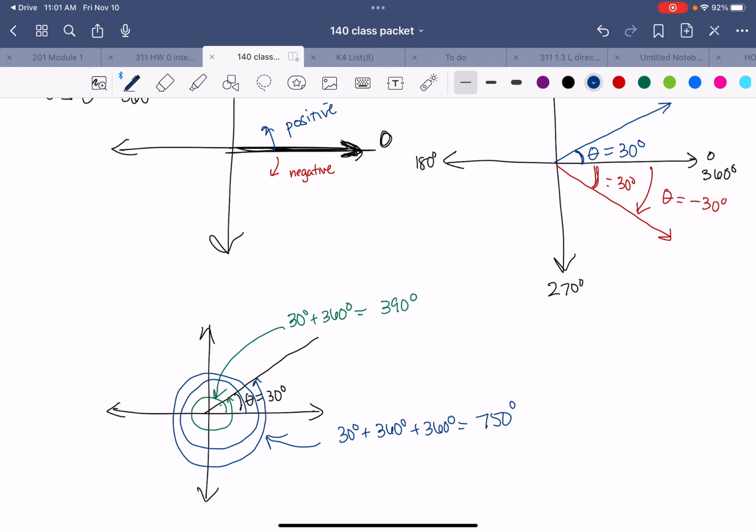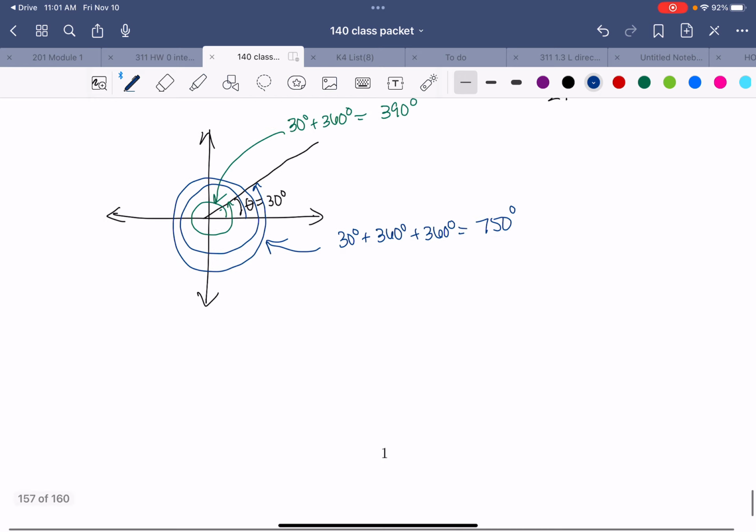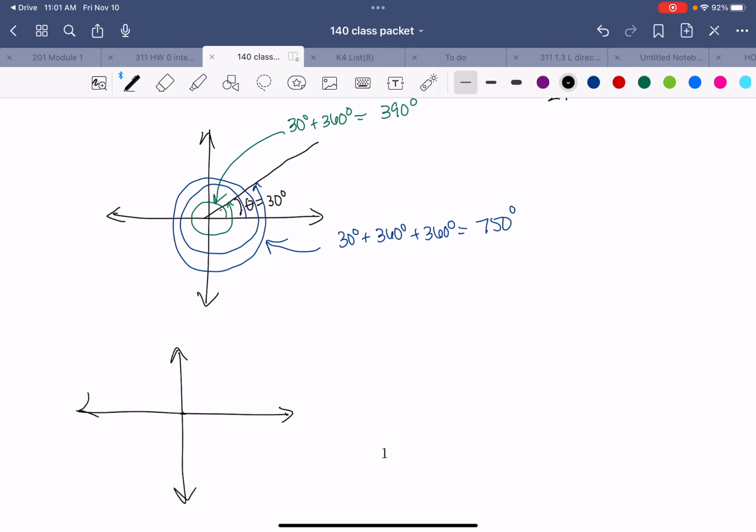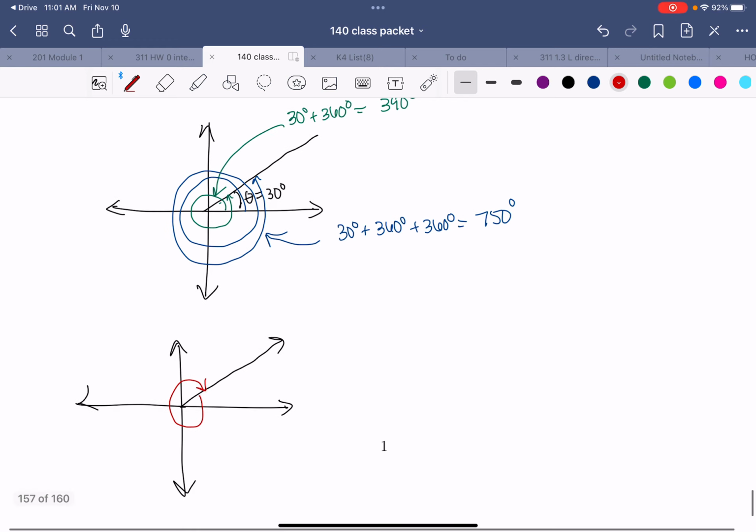But you can also go the other direction. So I can get that same angle placement here by going down first. If I go all the way around here, then that angle would be 30 degrees minus 360 degrees. So that's negative 330 degrees, because I went the other direction.